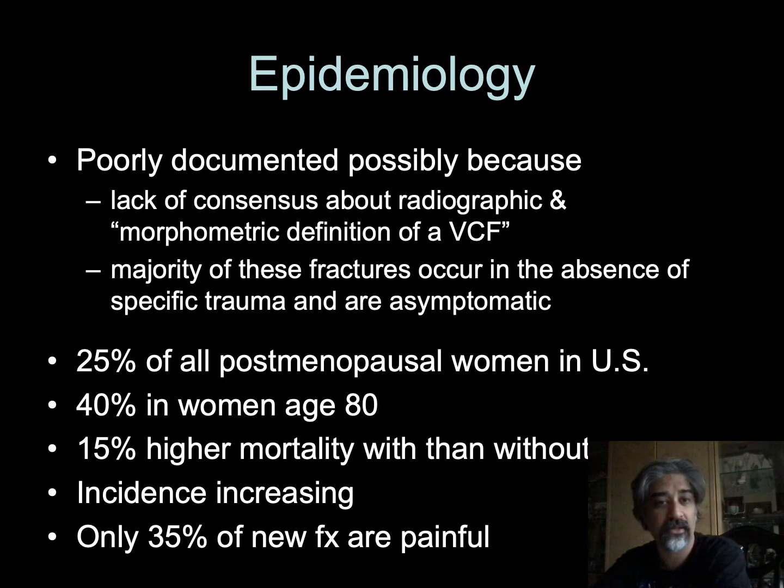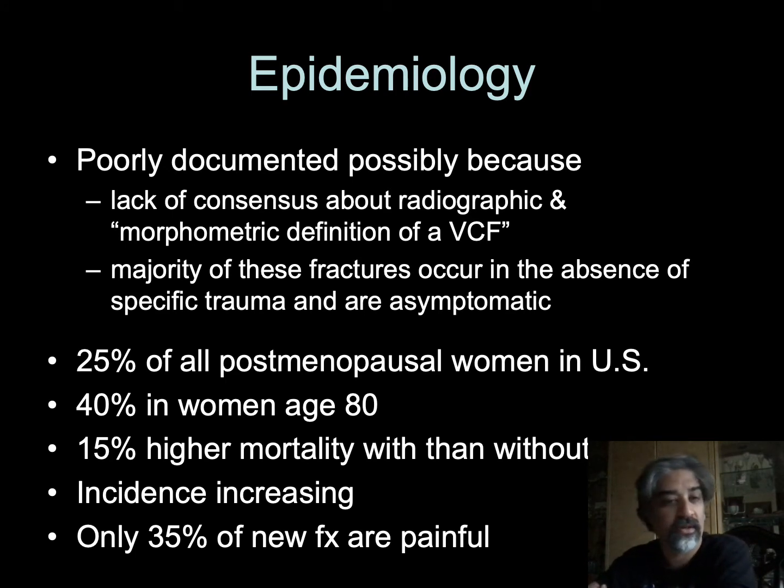So the epidemiology is not really totally well understood, because is it a morphometric definition of a vertebral compression fracture, meaning you could see it and someone could be asymptomatic? So do we take those people into consideration or not?